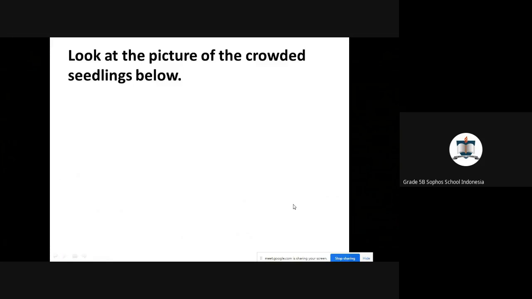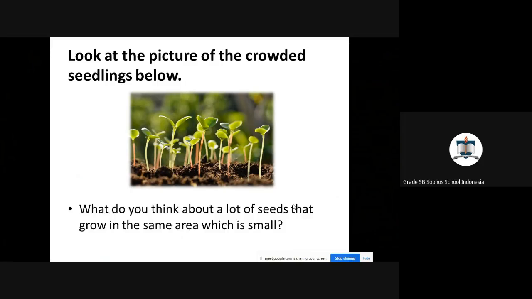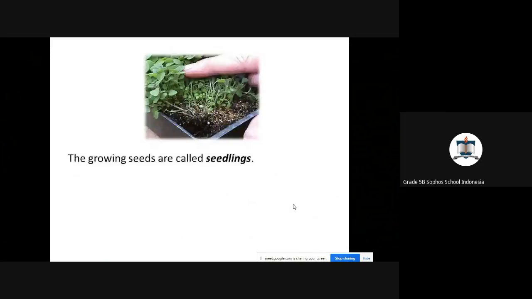Okay, so look at the picture of the crowded seedlings below. Here you can see that there are a lot of seedlings in a small area. What do you think about this? Yeah, the growing seeds are called seedlings, just like what you see in the picture here.